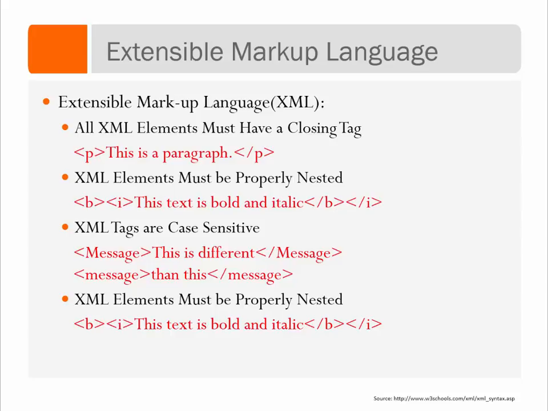So all XML elements must have a closing tag. So we see here we have the beginning paragraph tag, we have the contents of that, which we've simply defined as this is a paragraph, and then the closing paragraph tag.